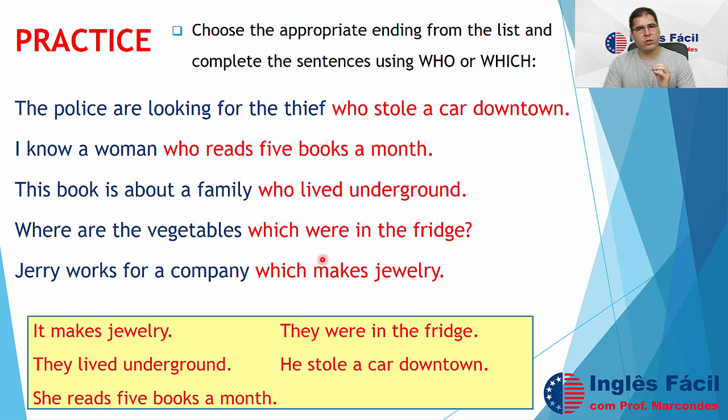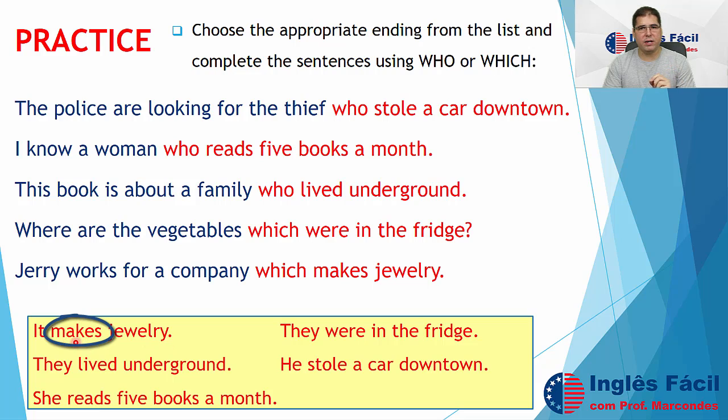So, the last thing I want to talk to you about relative clauses today is, did you see that the conjugation of the verbs is maintained after we change the sentence with a subject by the relative clause, right? When we turn a sentence into a relative clause. What do you mean, teacher? Okay, look here with me. It makes jewelry. Here we have a simple sentence. Now, pay attention to the verb.